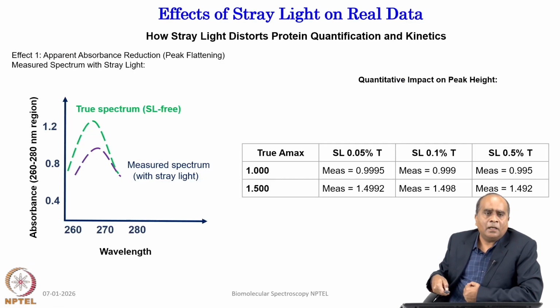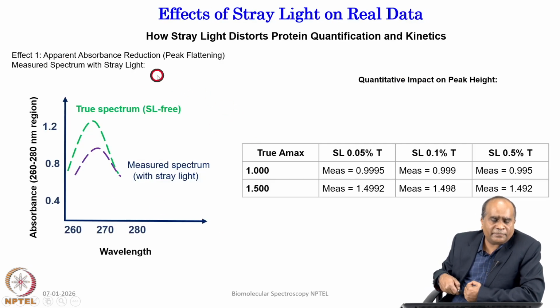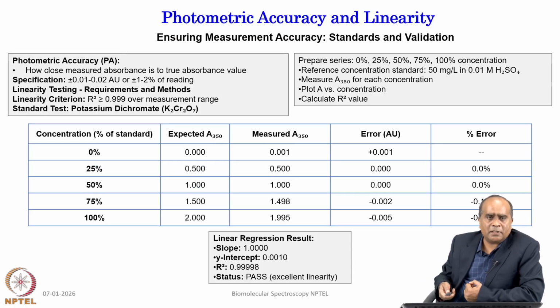This is the true spectrum. If it is stray-light free versus measured with stray light, you can see lambda max shifting, and such a case should not happen. It can distort protein quantification and kinetics, and therefore instrument calibration and stray light measurement are extremely important.